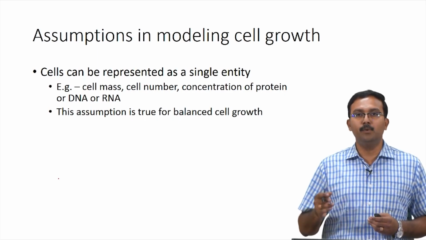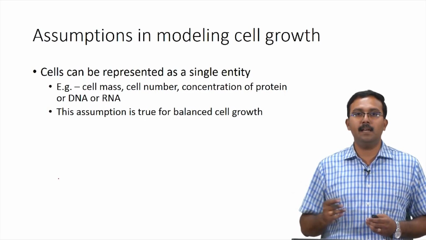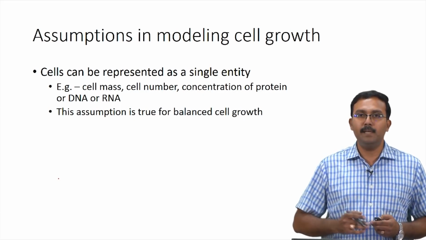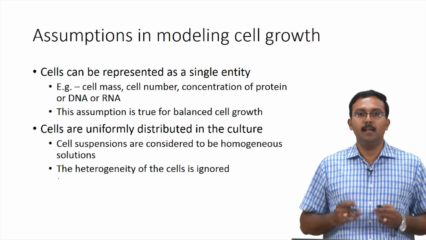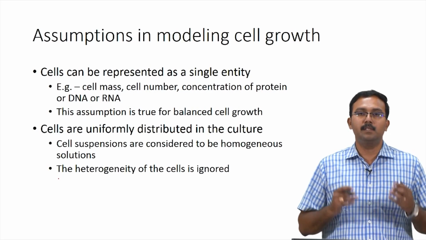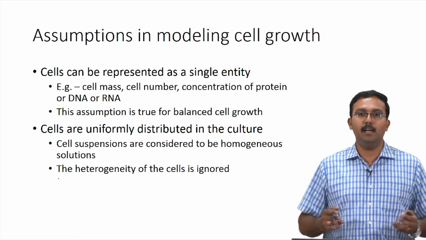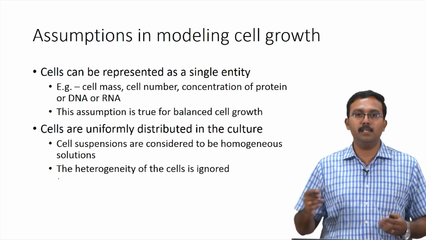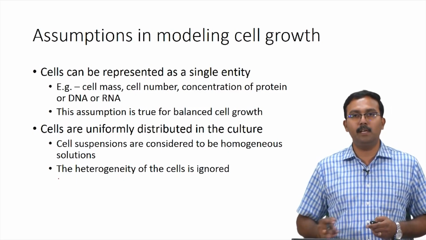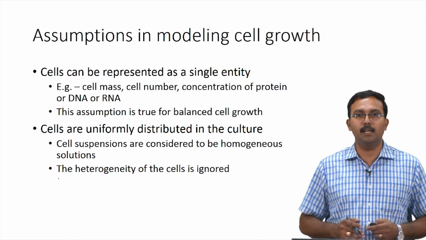The use of concentration of protein, DNA and RNA is acceptable for balanced cell growth period, which would be the exponential phase. Cells are assumed to be uniformly distributed in the culture. So, cell suspensions which are actually heterogeneous are considered to be homogeneous solutions, and the heterogeneity among the cells themselves is also ignored when we perform this type of modeling.